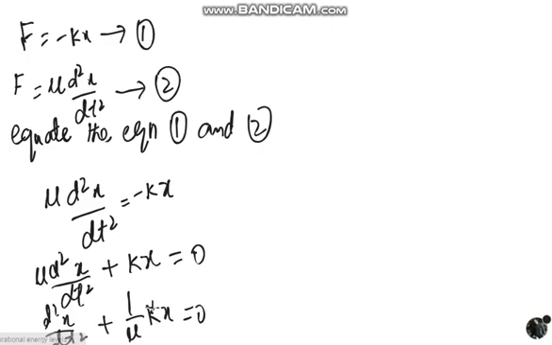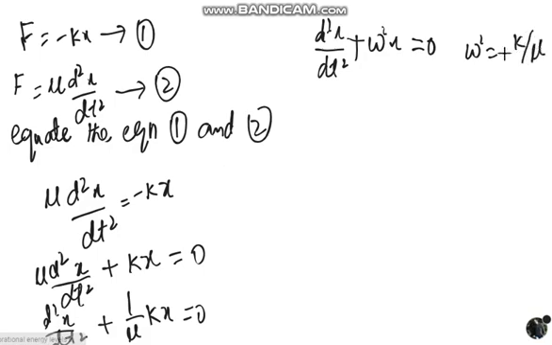Now we can replace k divided by mu with omega square, so d square x divided by dt square plus omega square x is equal to 0, as omega square is equal to k divided by mu.